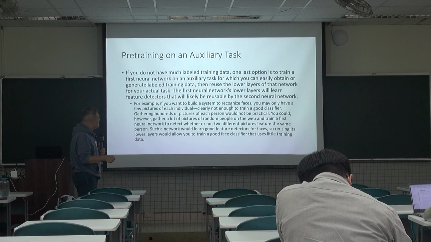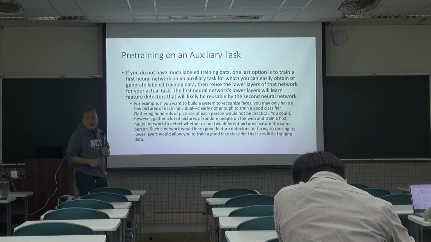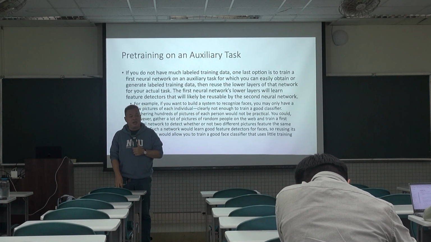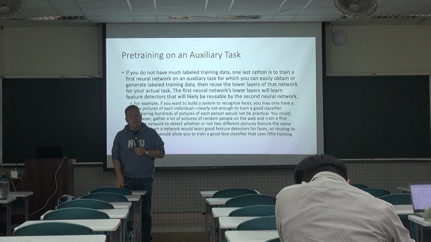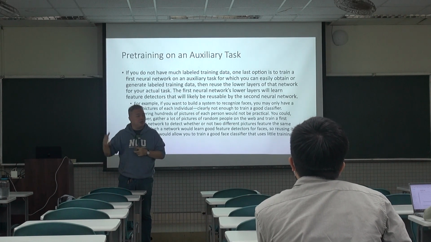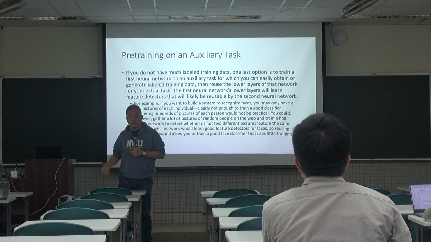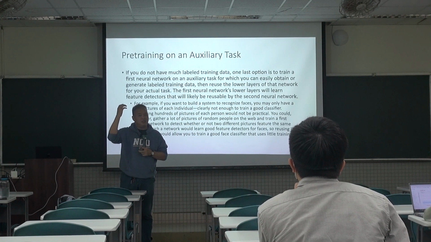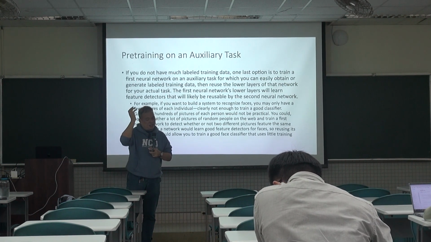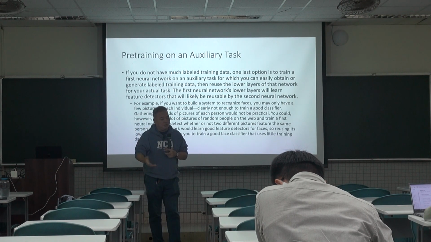For example, if you want to build a system to recognize faces, like a surveillance system, many companies now just have a camera at the front door, and if you are a company employee, they use the camera to capture your face to distinguish those people who are not company employees.